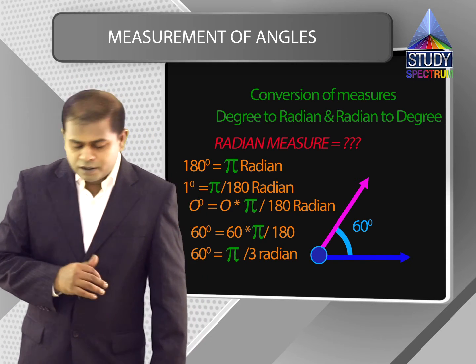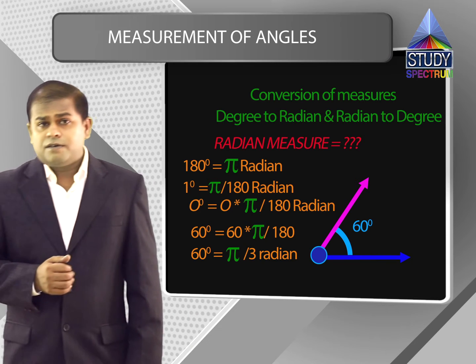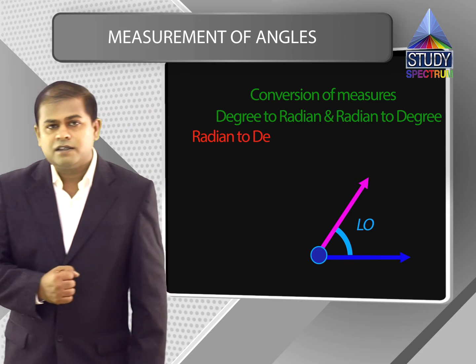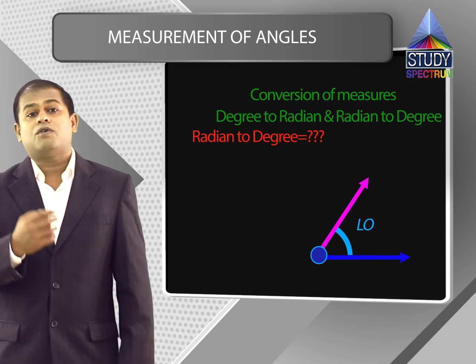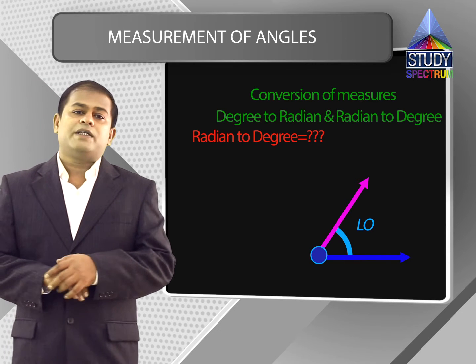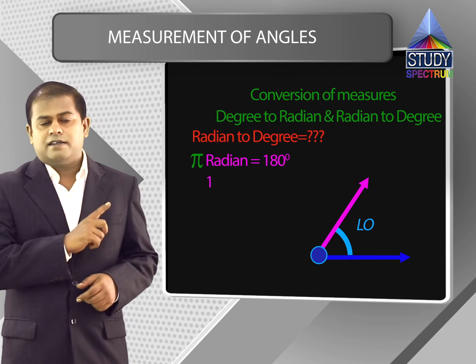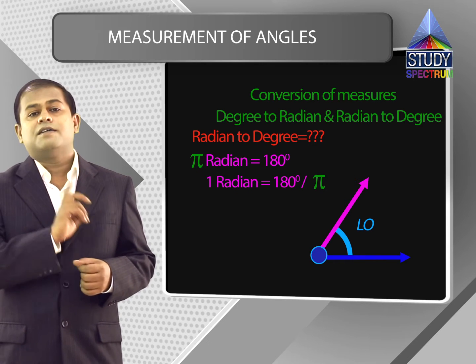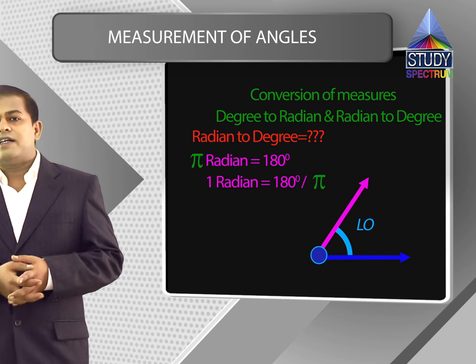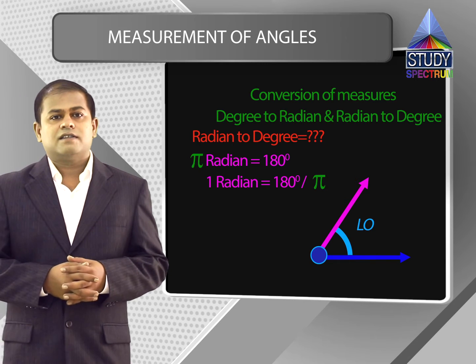Right? Again, if you have an angle measured in radians, question is how to obtain its degree measure. So pi radian is how many degrees? 180 degrees. Right? So 1 radian is 180 by pi degrees.